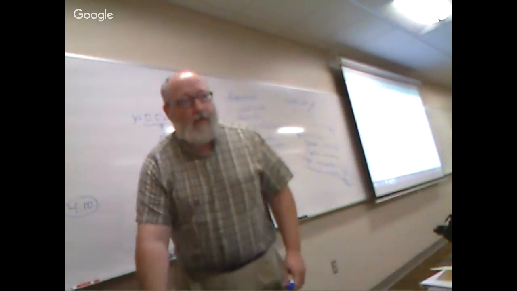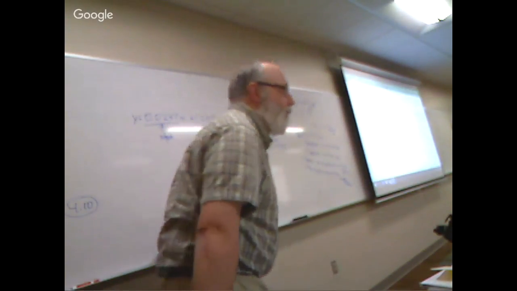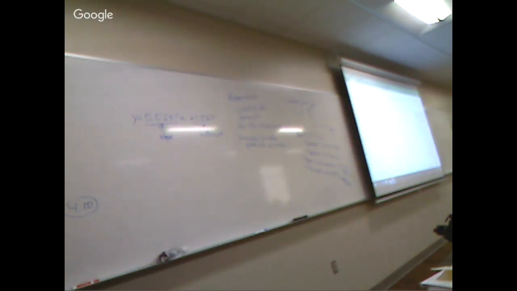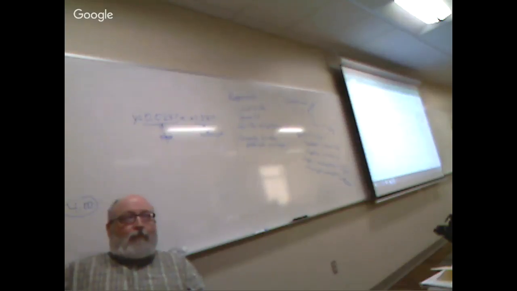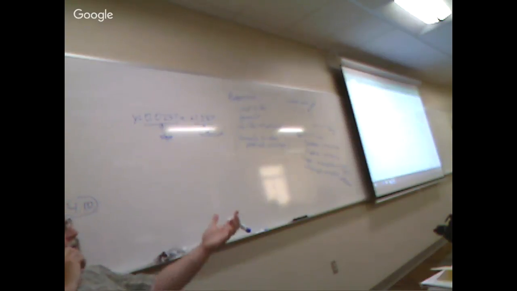Now, as it turns out, most people have an idea of what the slope means. Can somebody tell me what is the meaning of slope in a line? That'd be the angle. It's related to the angle that it's at, yeah.